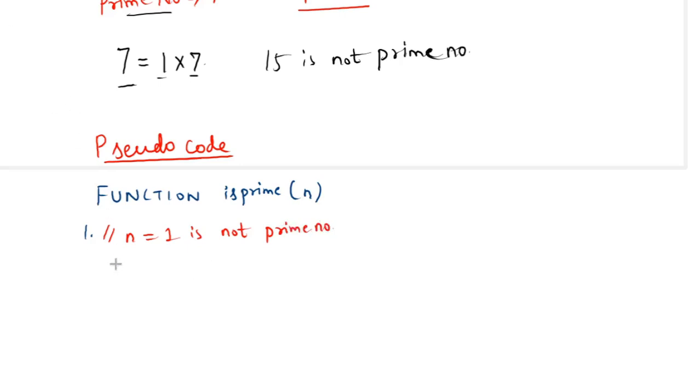And for that, if n equal to 1, then return 0 or return false. For n greater than 1, one needs to check whether the number has other factors or not.